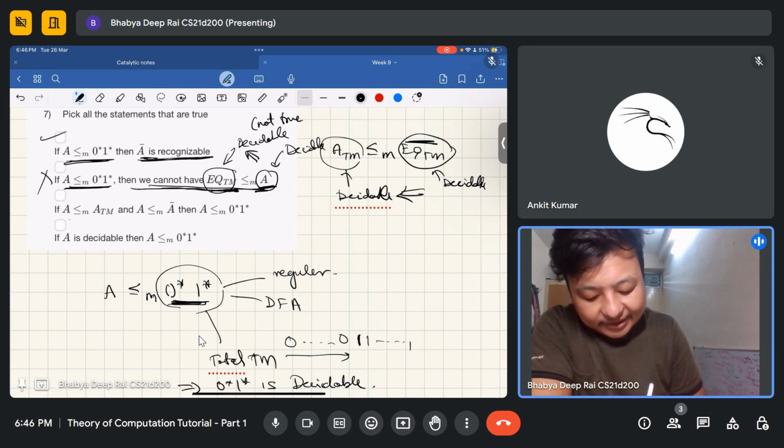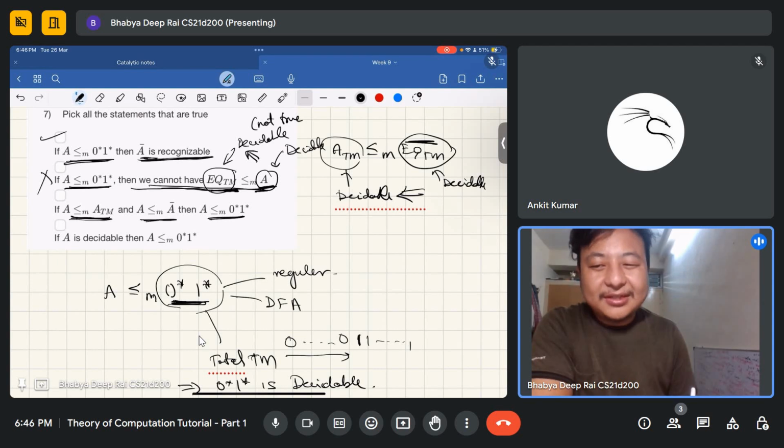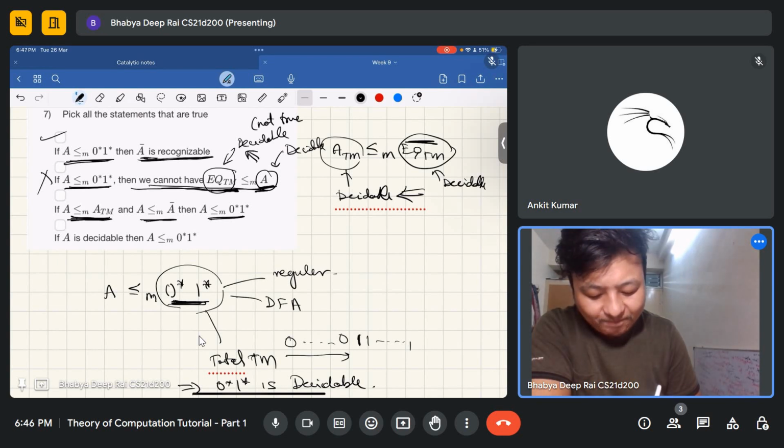Next, if A reduces to ATM and A reduces to A bar, then A reduces to 0 star 1 star. Now this can also be seen as follows.